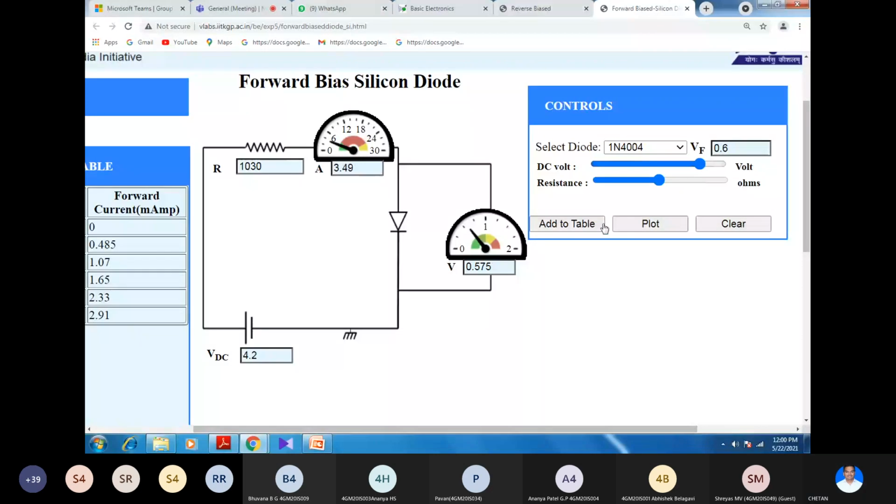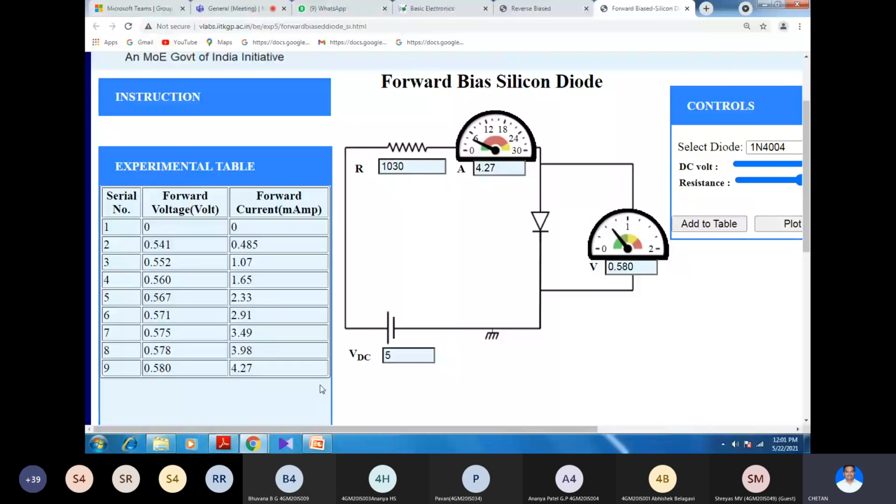And two more values I will give. The final value. So here you can see the tabulation. These are the different values of forward voltage. You should not confuse this column.